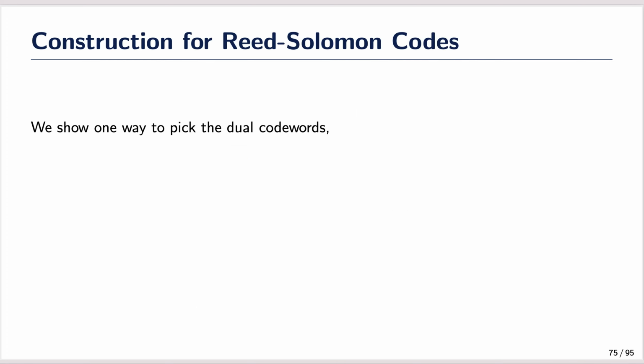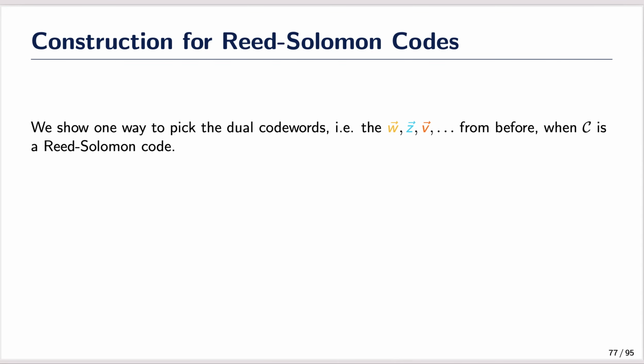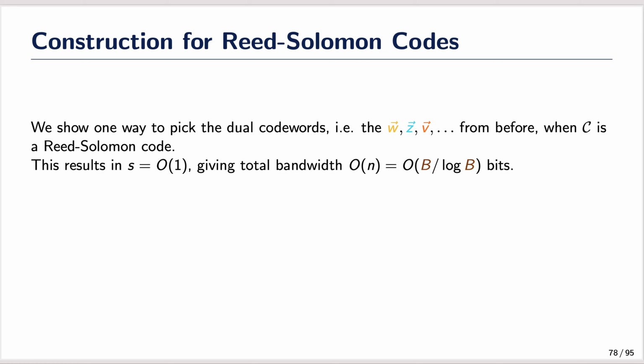So I haven't shown you how to get these dual code words, those colorful rows, right? And our construction only is for Reed-Solomon code. And the result that we get is that s is indeed a constant for fixed rate, etc. And the total bandwidth is then order, in bits, B over log B.